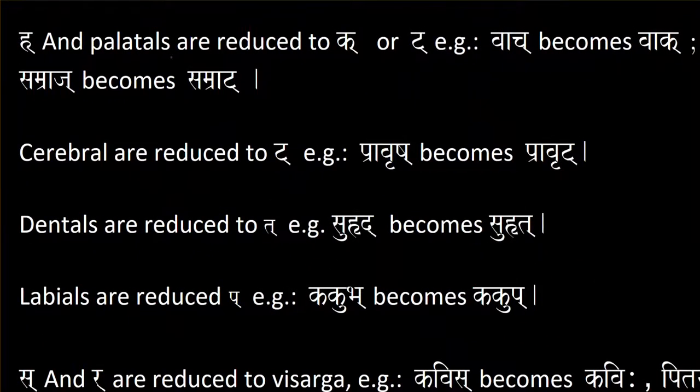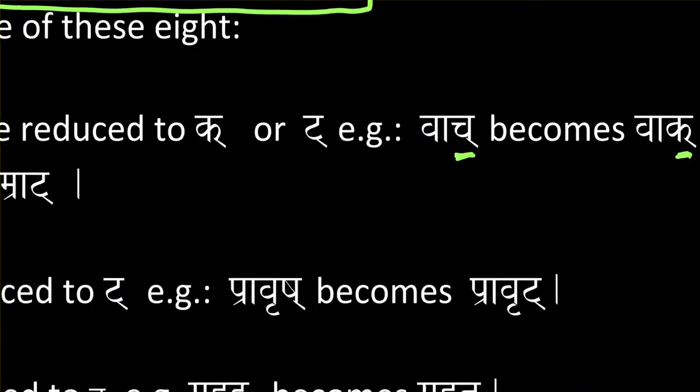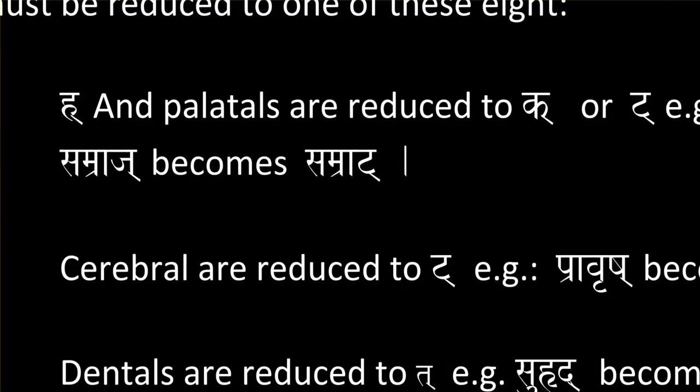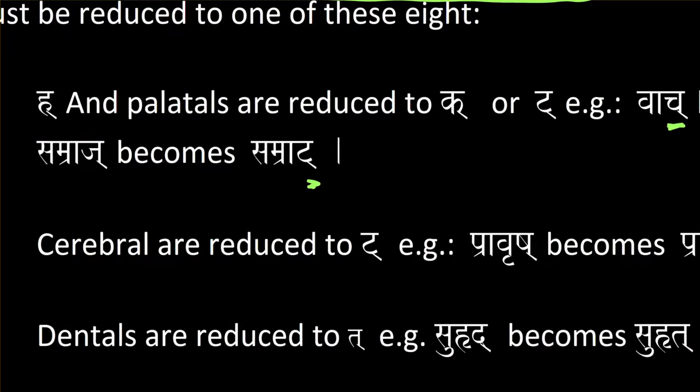Ha and the palatals are reduced to ka or ta. For example, vach, where cha is a palatal, could be reduced to vak. And smaraj can be reduced to smarat.